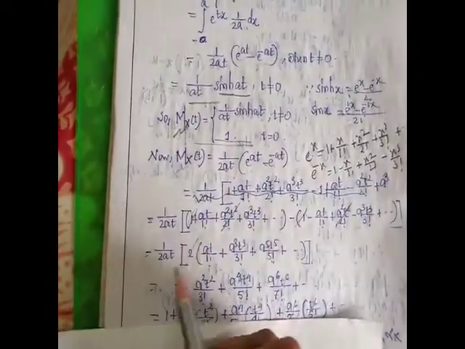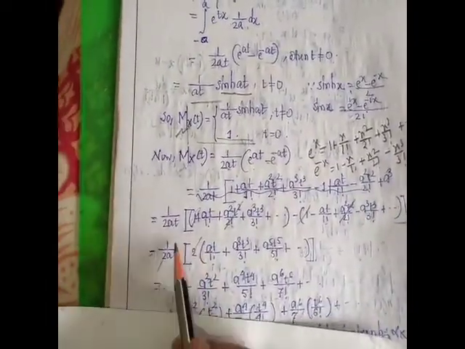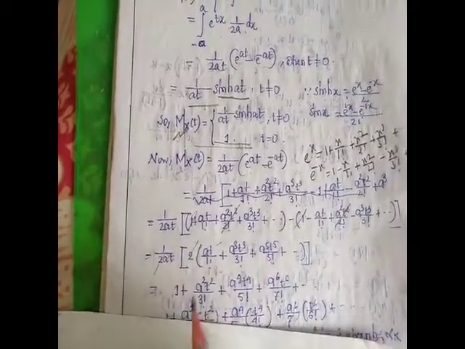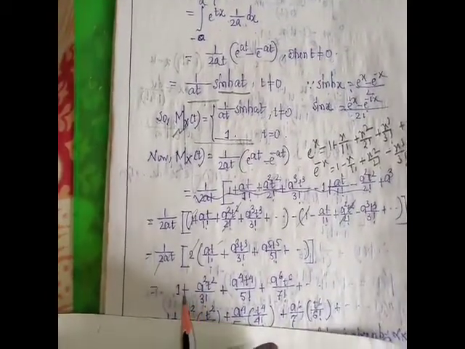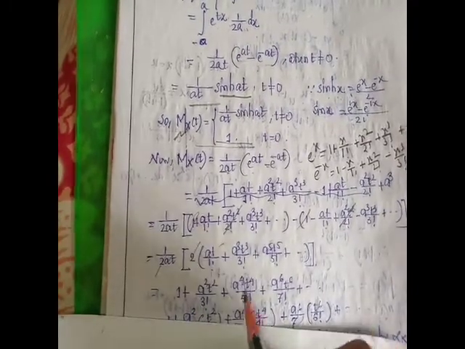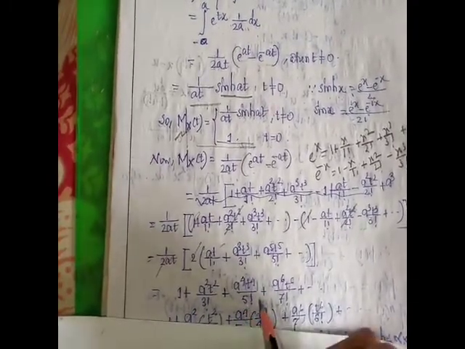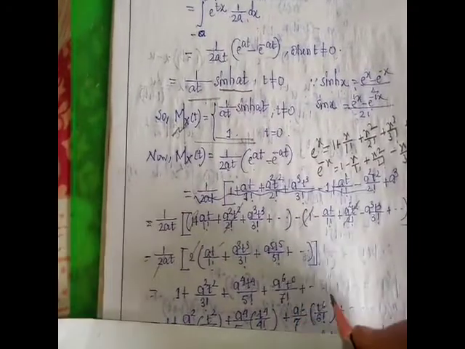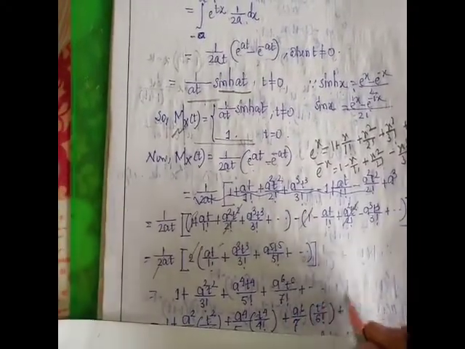So these two cancel, and after calculation we get 1 plus a square t square by 3 factorial plus a to the power 4 t to the power 4 by 5 factorial plus a to the power 6 t to the power 6 by 7 factorial plus dot dot dot.